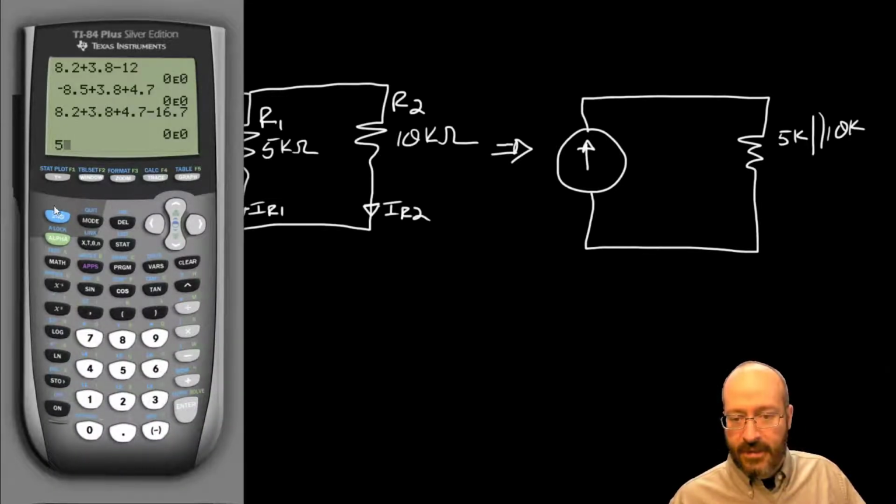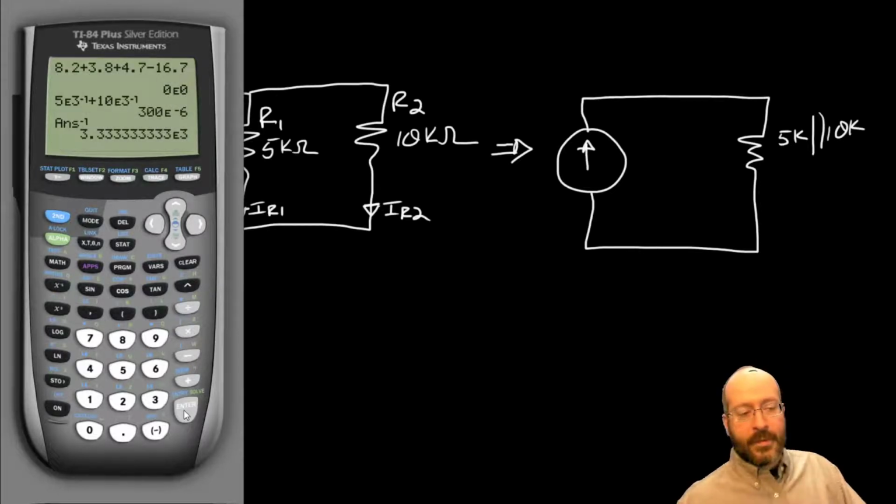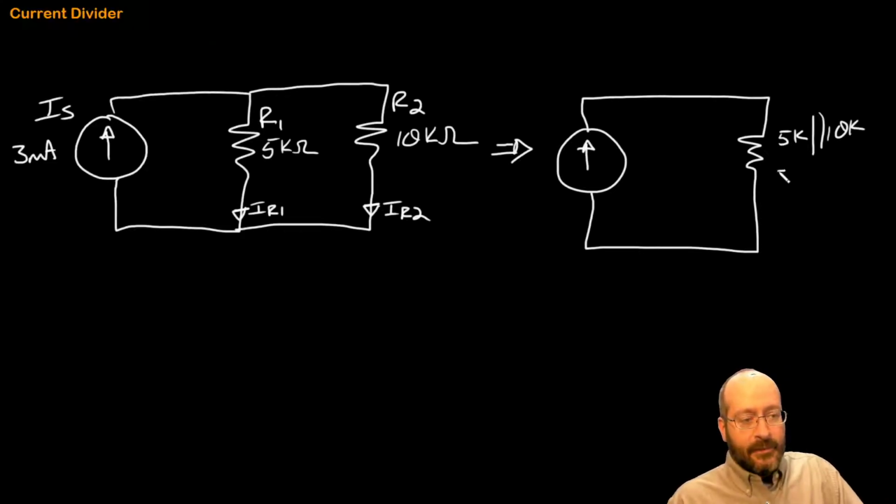So we have 5K, and the way I like to do this is to invert that, add to it 10K, and invert that. Go ahead and hit the enter button and then invert that answer. So we get 3.33K for that parallel combination.